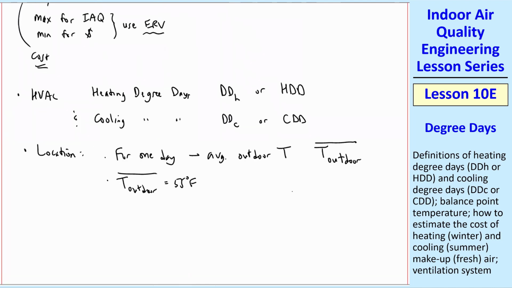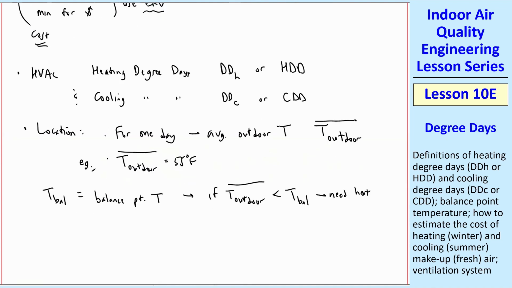And we'll also define T balance, the balance point temperature. We call it a balance because if T outdoor average, this outdoor average temperature for the day, is less than T balance, then we need heat. T balance is not necessarily what you keep your house temperature at, but it's a number that corresponds to that for an average house.